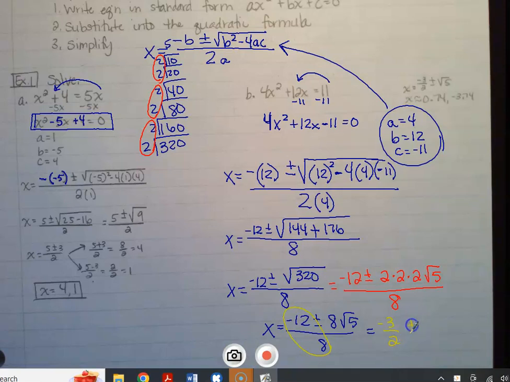Okay, and then plus or minus the 8 times the square root of 5. The 8s would cancel, so that would just leave us plus or minus the square root of 5. So I'm just going to write it as x equals negative 3 halves plus or minus the square root of 5. So I'm going to stop there with that answer.